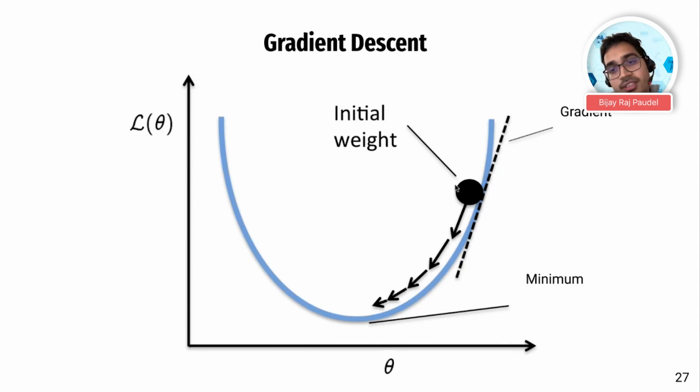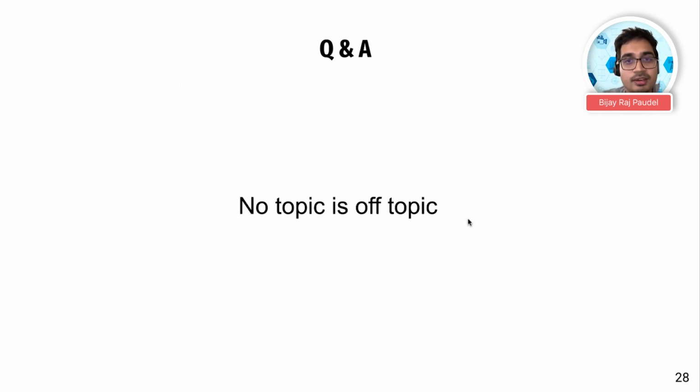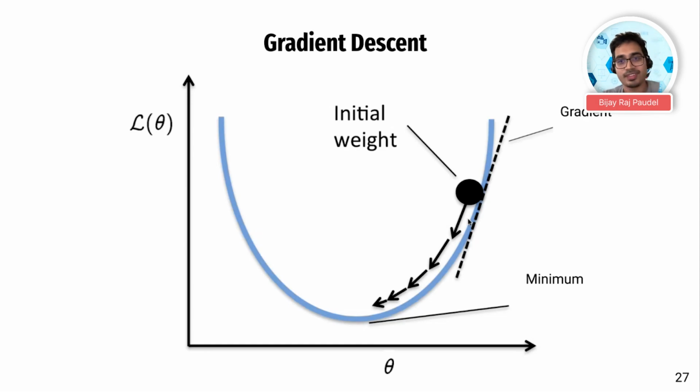You adjust theta in the opposite direction of the gradient, again calculate the loss, again calculate the gradient, and again adjust, trying to reach the minimum. That is how learning happens in gradient descent. This is again very high level, not taking any examples or any models, not showing any solution to any problem, just the basic concepts. Okay, I reached the end.